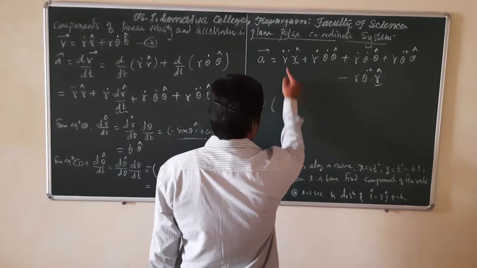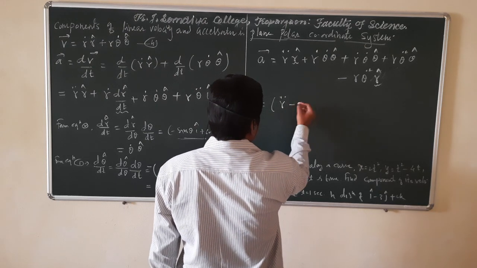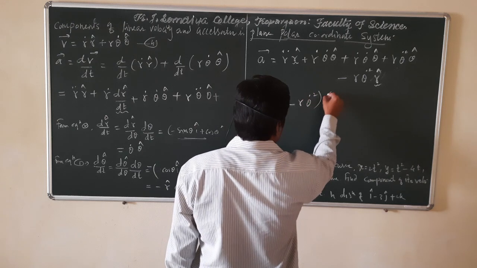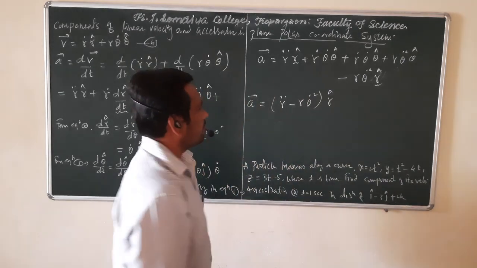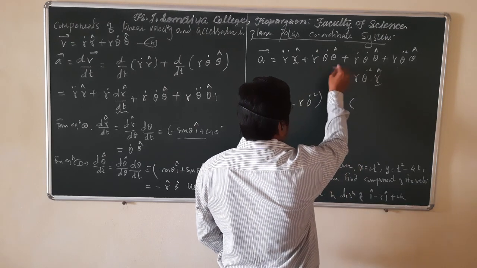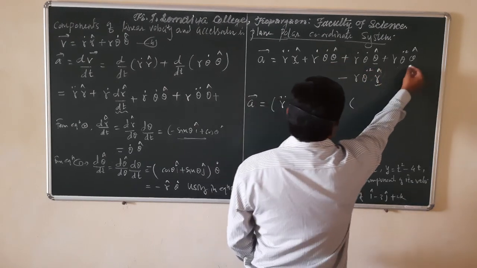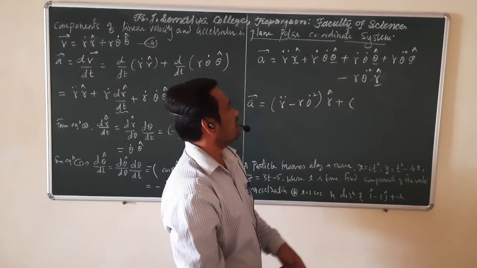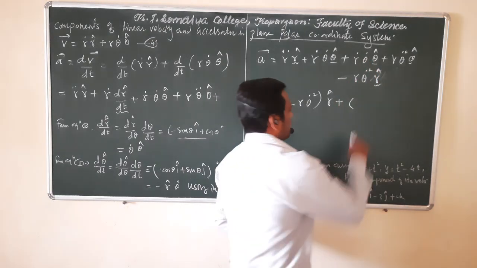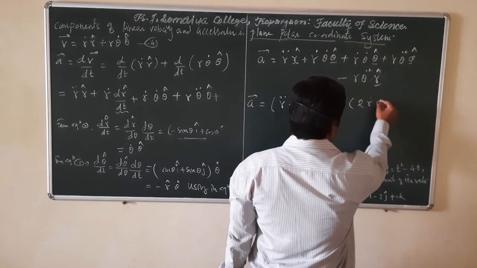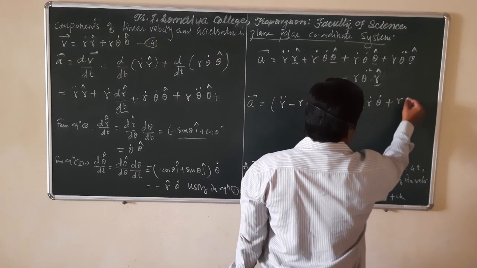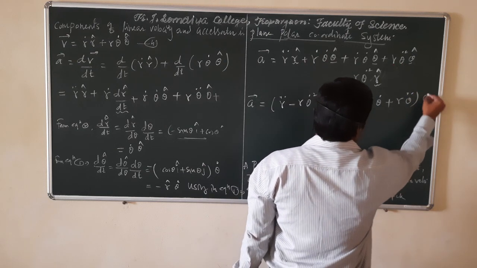First of all, here we have r double dot minus r into theta dot square, into r cap, plus next we take the coefficients of theta cap common. Here we have r dot theta dot and here we have r dot theta dot, so that becomes 2 times r dot theta dot, plus the second coefficient r theta double dot, into theta cap.